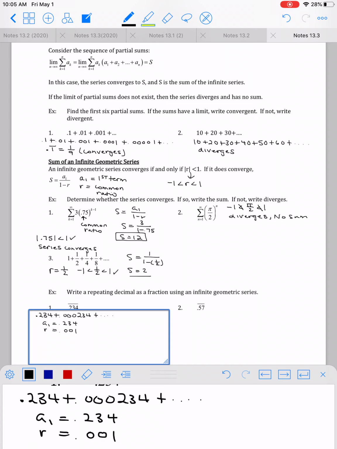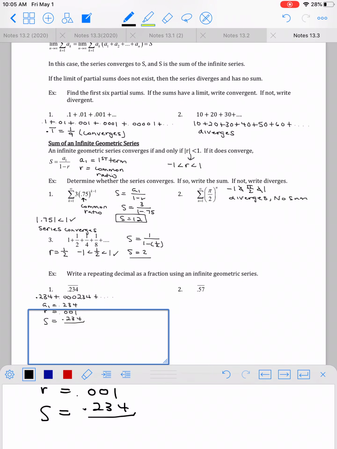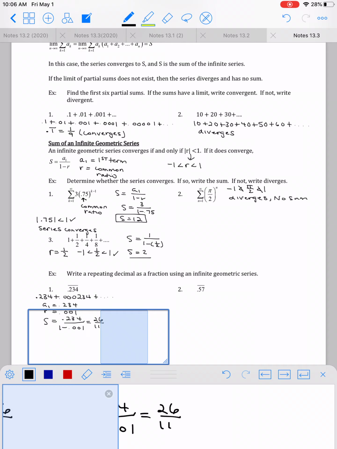You can get that by dividing the second term by the first. Then we find the sum by 0.234 divided by 1 minus 0.001, and you end up with 26 over 111.